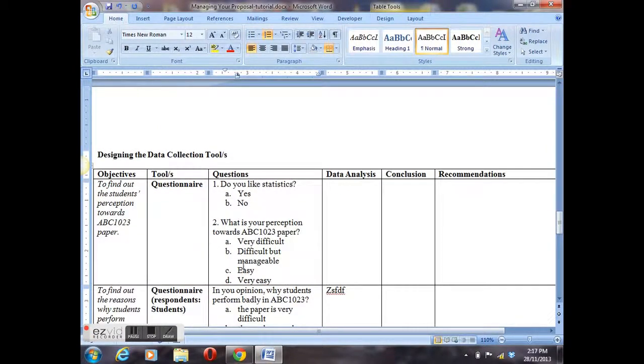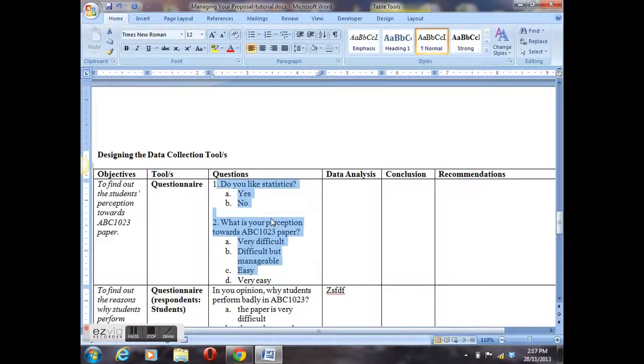These are the two questions that we have decided, which we think can achieve objective number 1, and we distribute the questionnaire.